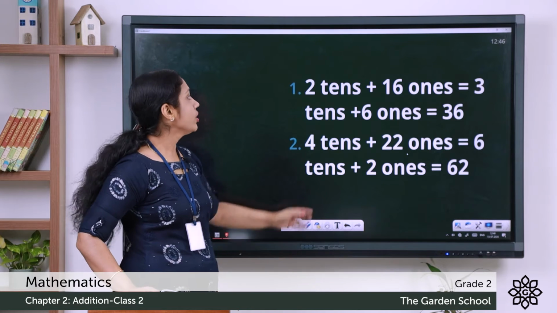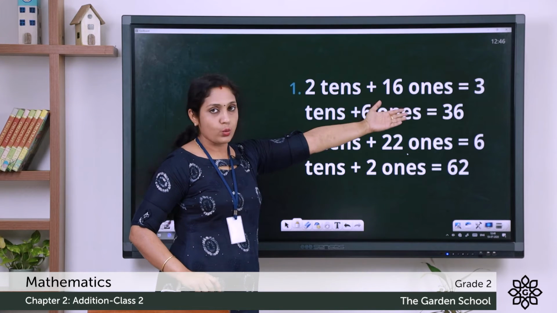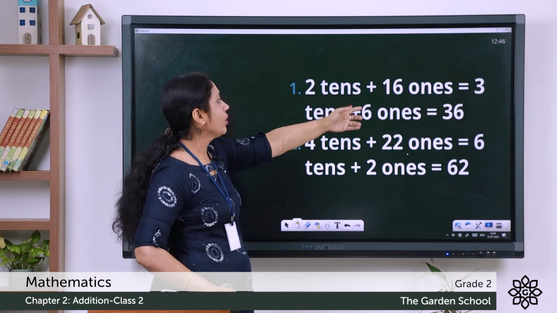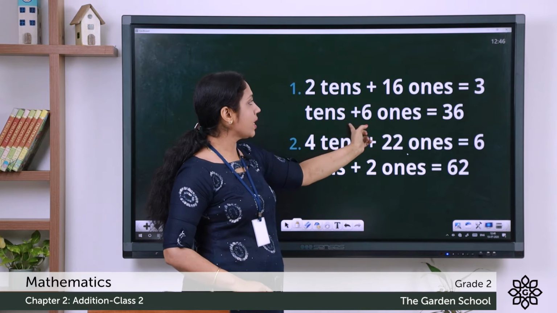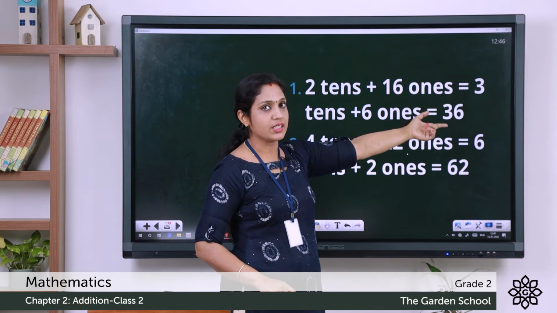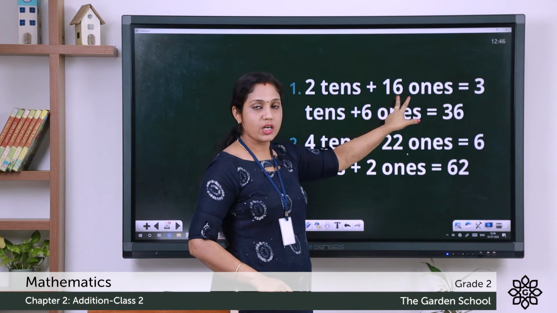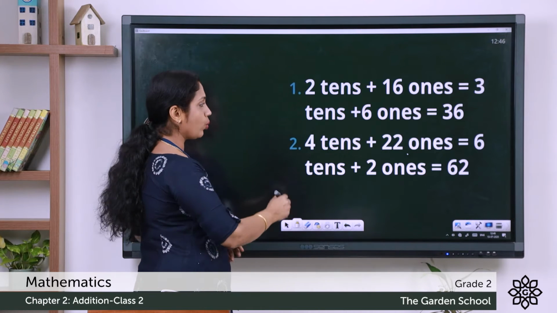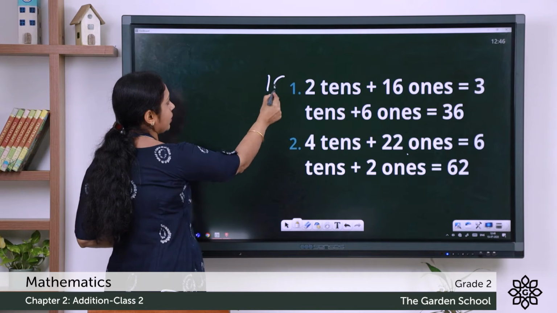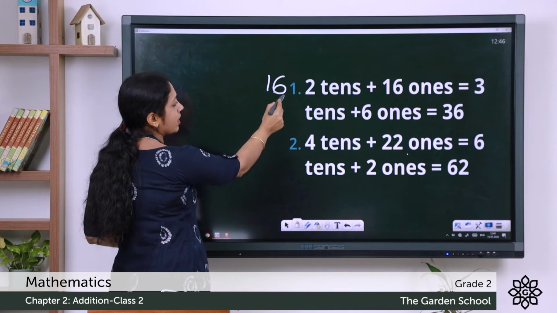Here we have 2 tens plus 16 ones. And what is the answer? We get 3 tens plus 6 ones, that is 36. Here 16 ones we are going to split. 16 ones means 1 ten 6 ones.